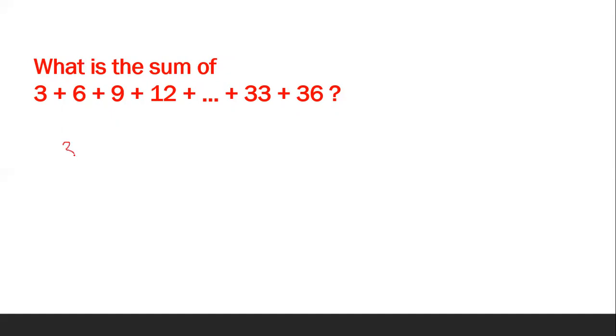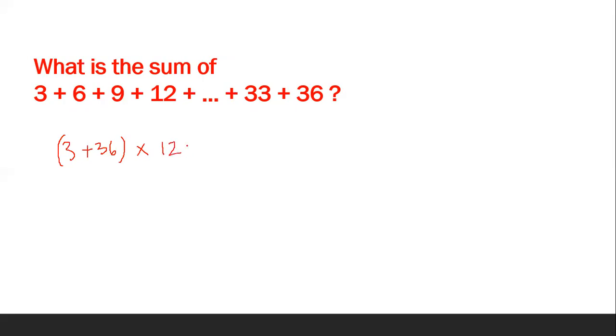So the first number plus the last number is 36 multiplied by how many pairs there are. To know how many pairs there are, you have to determine how many numbers there are. From 3 to 36, how many numbers are there if they are all multiples of 3? So 36 divided by 3, there are 12 numbers.